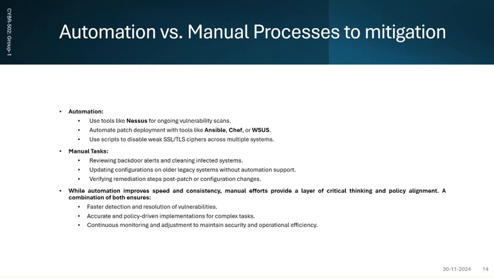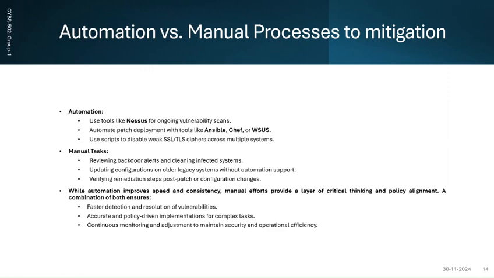Now let's dive into mitigation processes. Addressing vulnerabilities requires the right balance between automation and manual processes. Automation helps us perform tasks consistently and at scale. Tools like Nessus can run ongoing vulnerability scans, while platforms like Ansible or WSUS automate patch deployments across multiple systems. Even disabling weak SSL/TLS ciphers across systems can be done quickly using scripts.